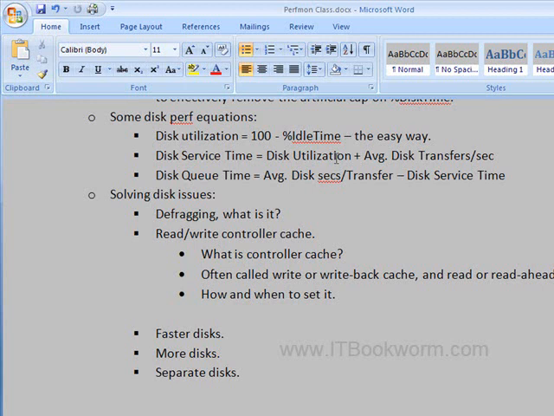So the best way to do it is there's an equation that I'd have to look up because it's been so long. But there's an equation where you get the advertised disk performance stats from the vendor, the theoretical stats. You get your actual stats, and then you compare, and you plug them into an equation, and it tells you what your acceptable disk queue for that model of hard drive is, and that will change for every model of hard drive.